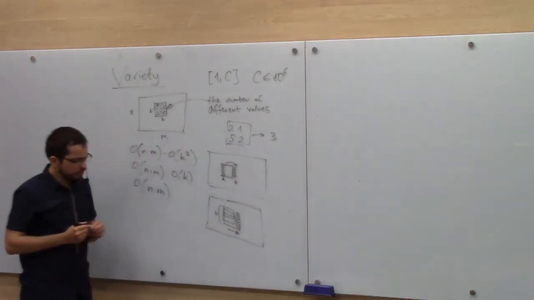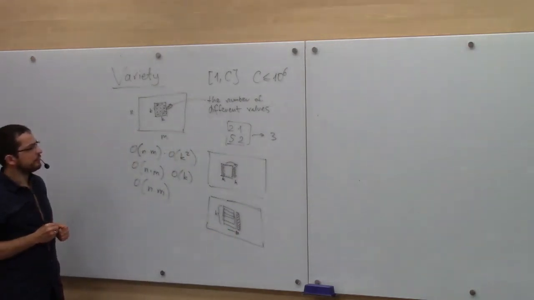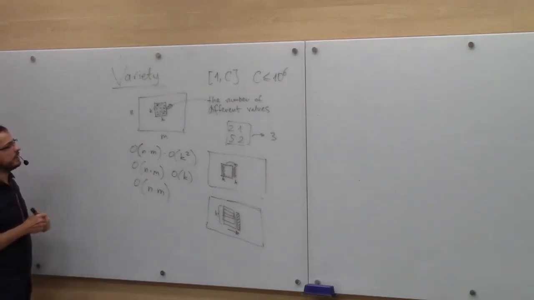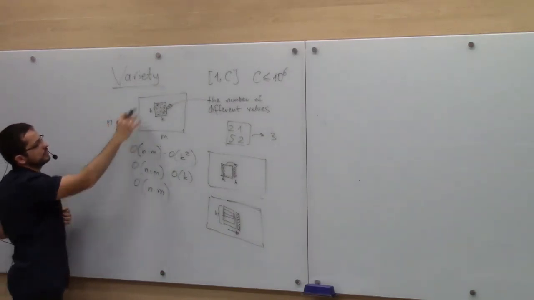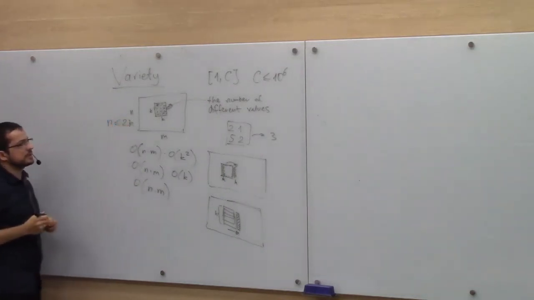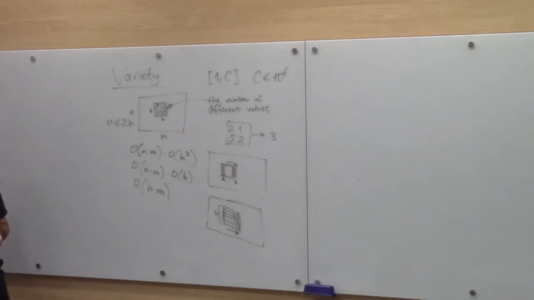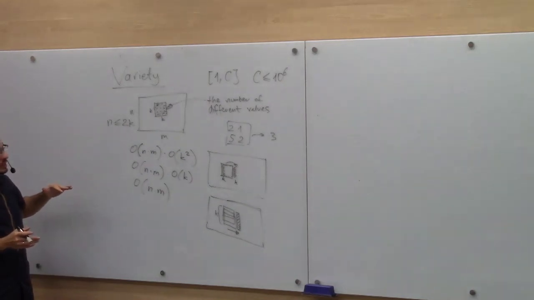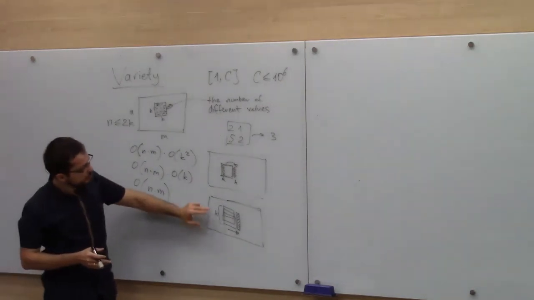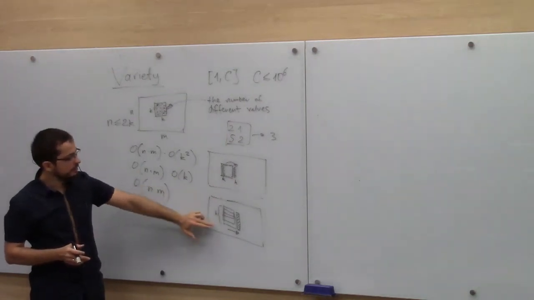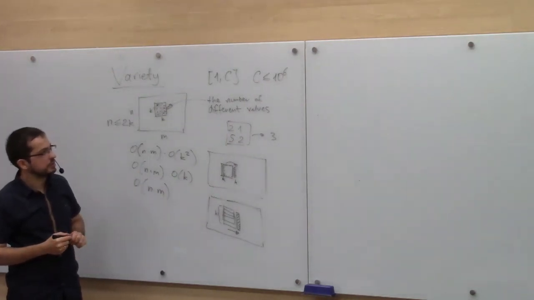To do this, first we will consider a slightly easier case when n, the number of rows, is no bigger than 2 times k. Then we only have k plus 1 different squares possible here.